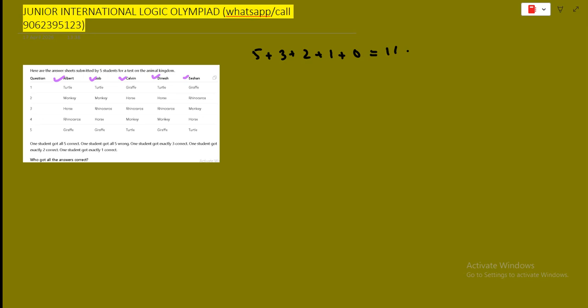Okay, look at Ishan. If Albert is the genius, let's see what Ishan got. For question 1, Albert says turtle and Ishan says giraffe. Wrong. For question 2, Albert says monkey and Ishan says rhino. Wrong. For question 3, Albert says horse and Ishan says monkey.